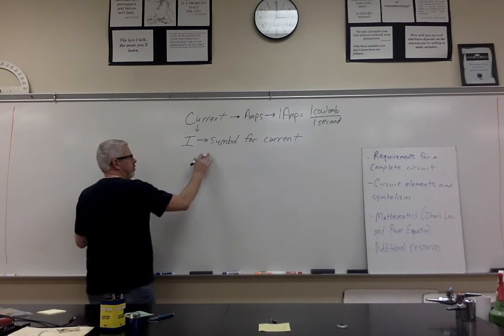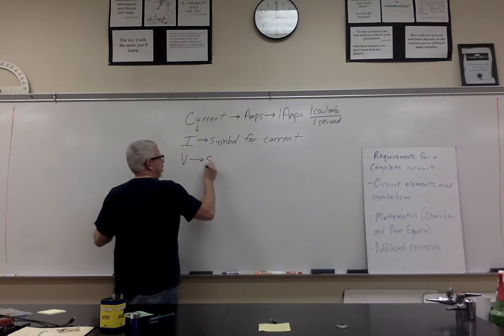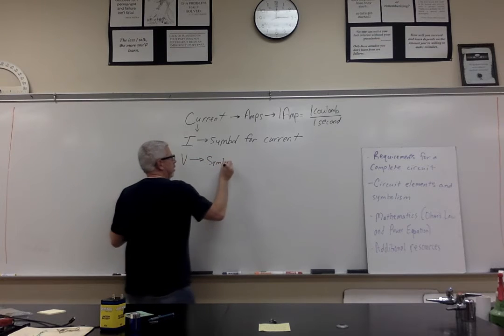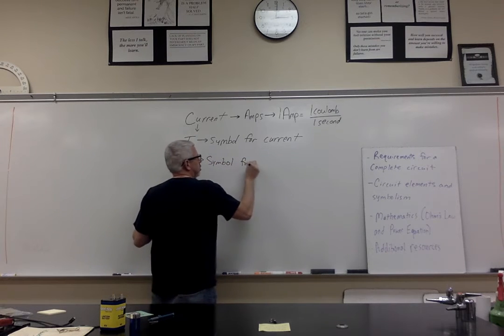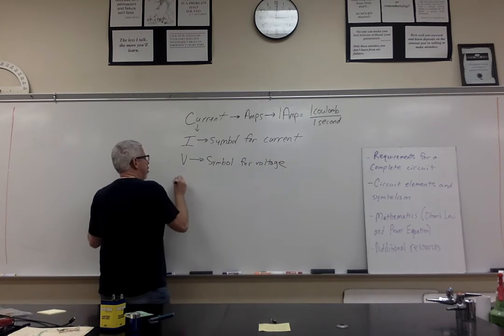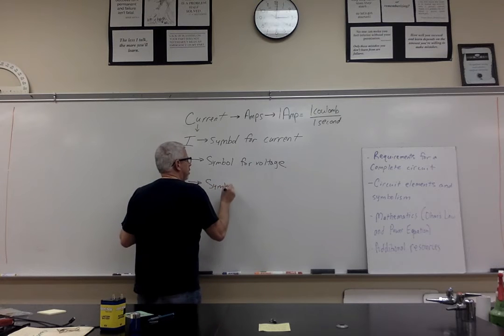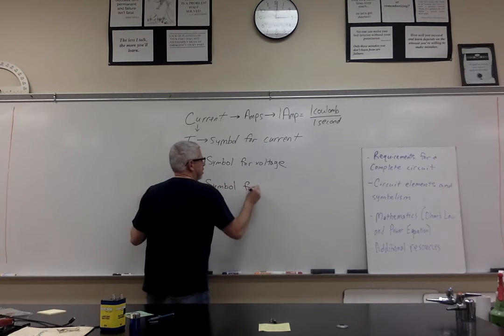So that's the symbol for current. V is the symbol for voltage. R is the symbol for resistance.